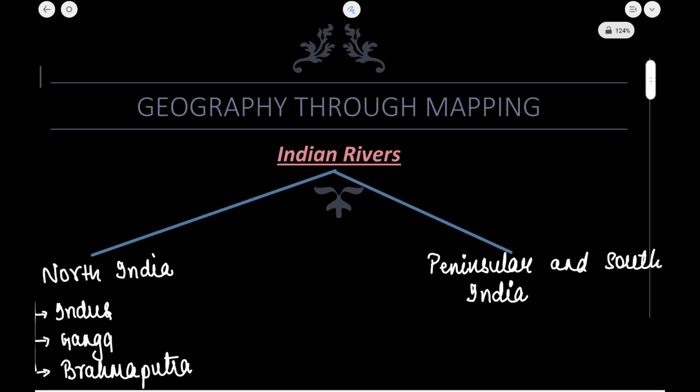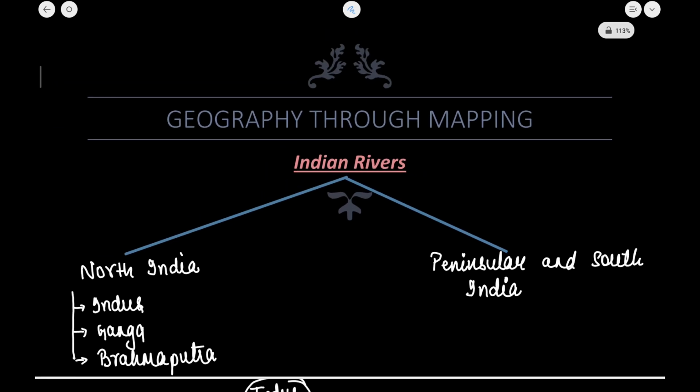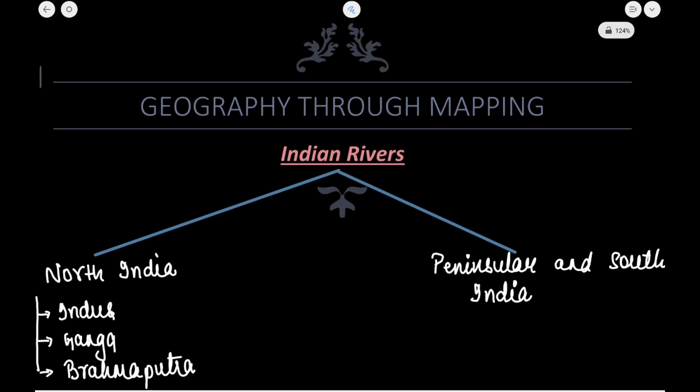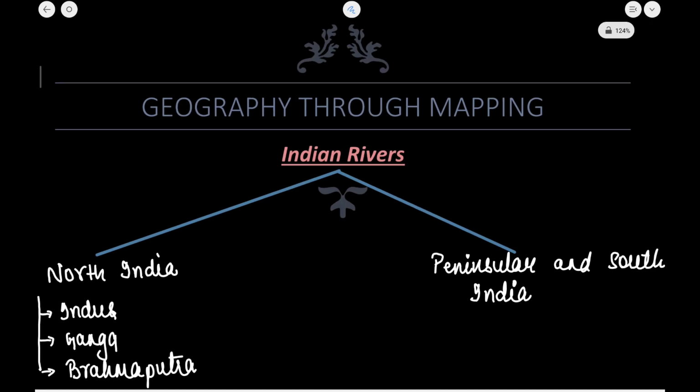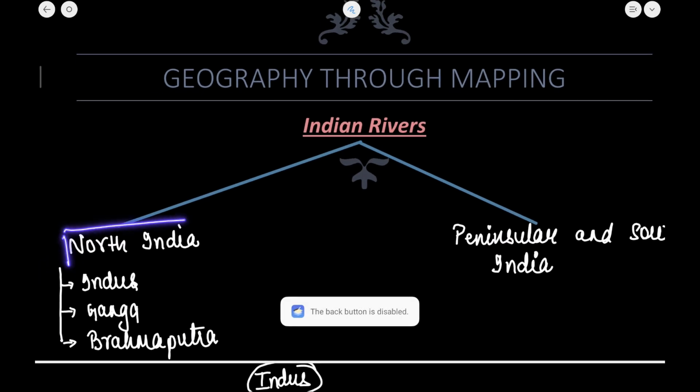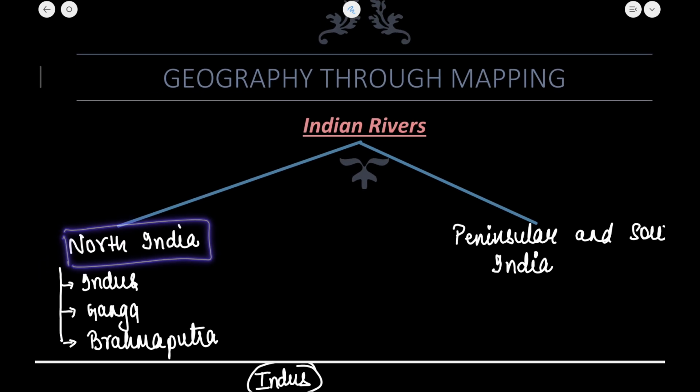So if we talk about the Indian rivers, basically the Indian river system can be divided. I have divided it particularly into two parts. The first one being the rivers of North India. Now if you see North India, then you will find three river systems that are prominently there. First one is the Indus river system that is in the northwestern part of the country.